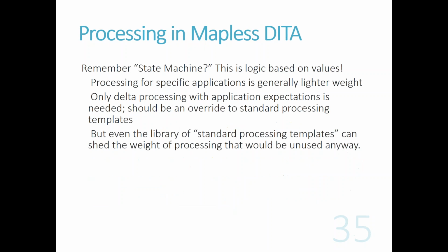And I'm watching the time here because I think there may be a lot of questions on some of this. So I'll just move to coming back to the state machine, which is simply logic based on values. In a state machine, you've got processing that's based on specific applications, and your application is going to be lighter weight than a standard DITA build.